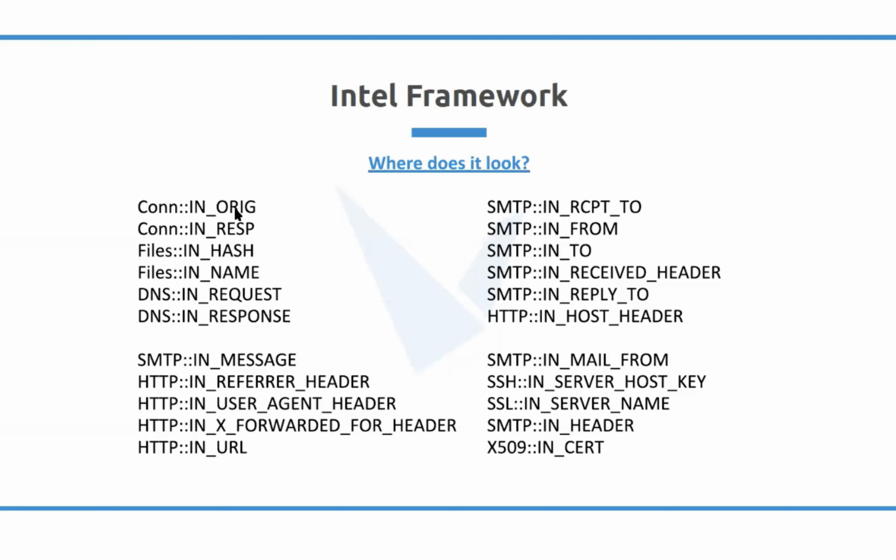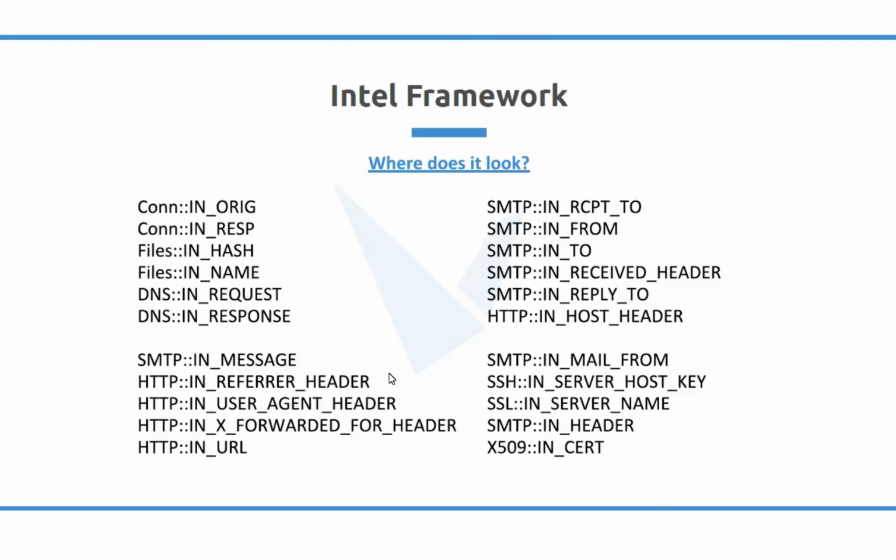Some of the fields that it looks at for finding that IOC are these events: in connection, in originator, in responder, file hash, in name, in DNS. Actually, it looks for the bad domains in the DNS request and response.